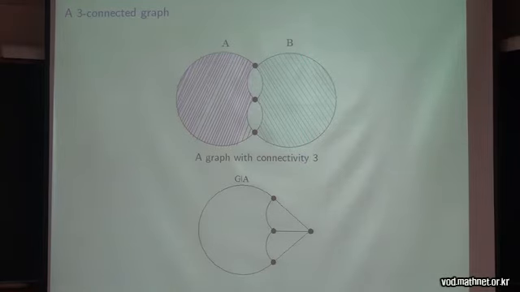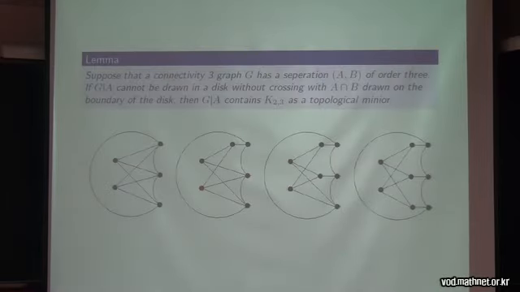So in the B part, the B side has a CL0 as a topological minor. If G restricted to A, this induced subgraph, cannot be drawn without crossing in this disk, then G restricted to A contains K23 as a topological minor.